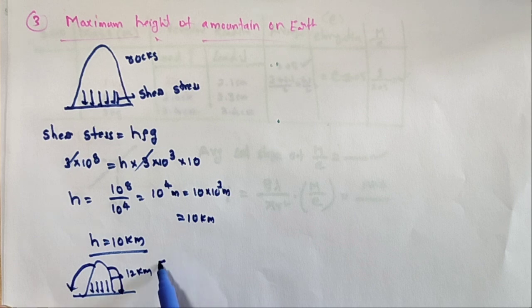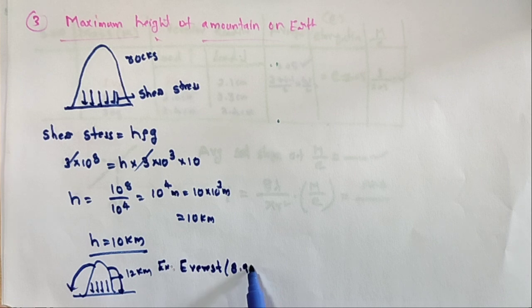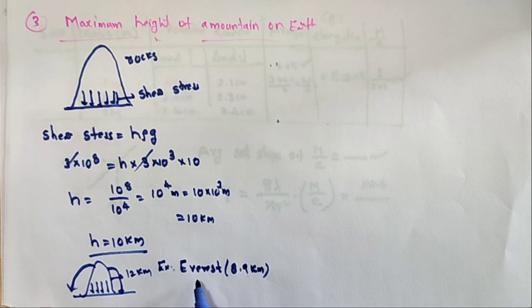For example, we know that the highest mountain is Everest. What is the height of the Everest? Approximately 8.9 kilometers maximum height. So this 8.9 kilometers is below the maximum height of a mountain on the earth. So therefore it is very safe.